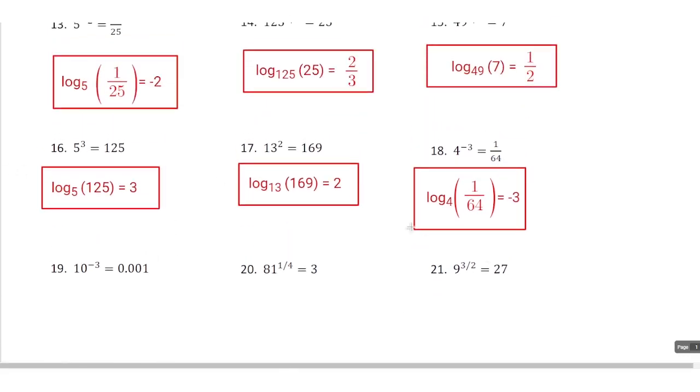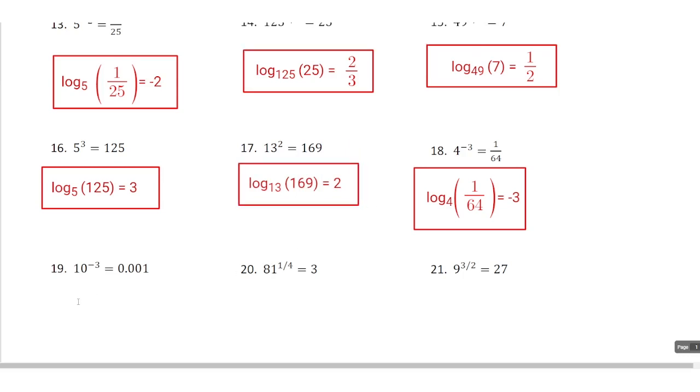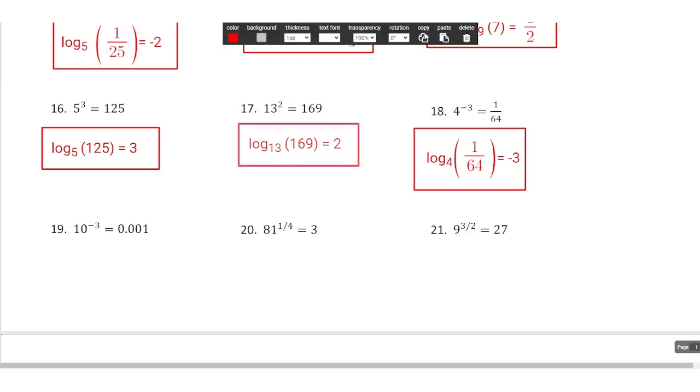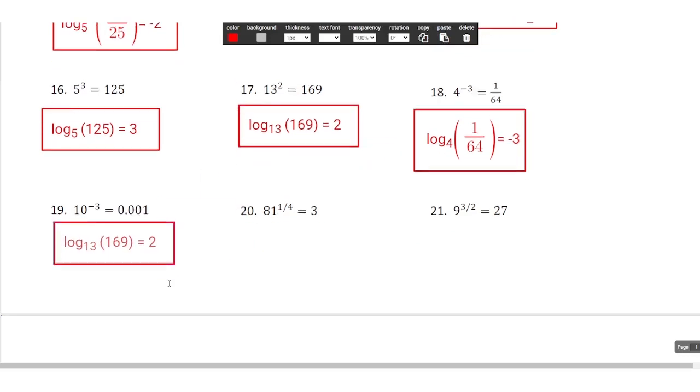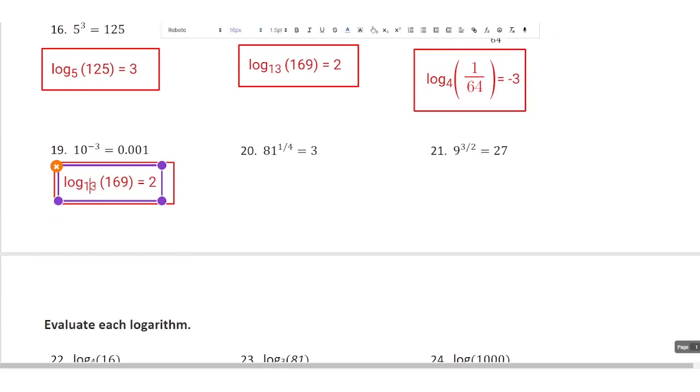Okay, we've got just a few more of these where we're going from exponential form to logarithmic form. The next one, 10 to the negative third power, is 0.001, or 1,000th. So, well, let's try to copy and paste this. There we go. The base in this case is 10.